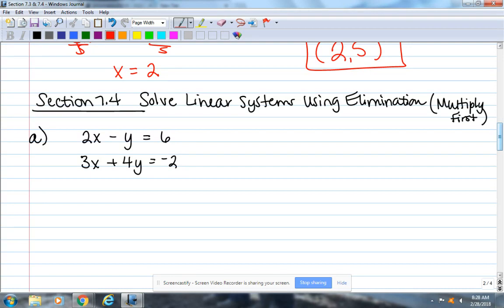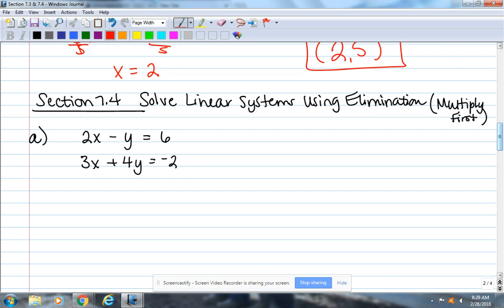Now these next ones are going to be a little more complicated, because the variables won't be as ready to cancel out as they were in section 3. So remember, variables will cancel when they have opposite coefficients, like a 2 and a negative 2, or a 5 and a negative 5.